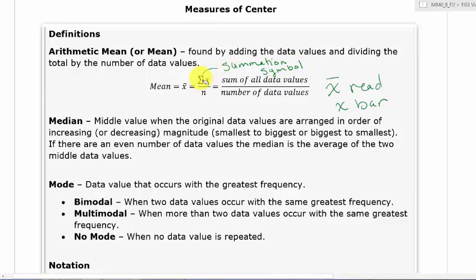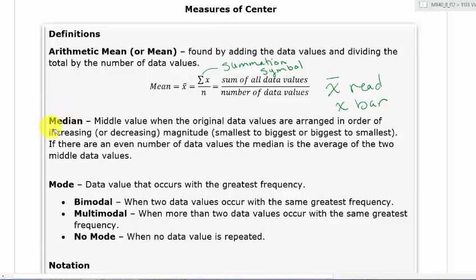And what that means is that you add up all of the items. So you're going to add up all of the x's or all of the data values that you have, and n is always going to refer to the number of data that we have. So that's what the notation means.